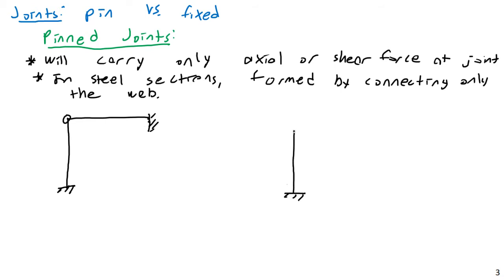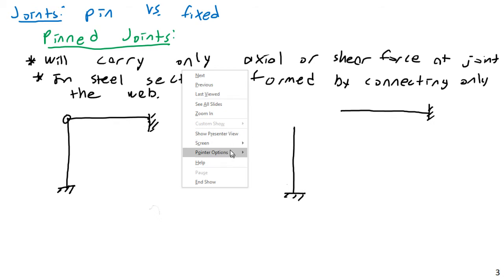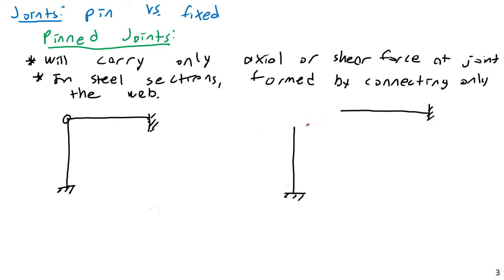So let's look at this force here and this force here, or this member and this member. And maybe I could call this, I don't know, Fx here, and Fy.